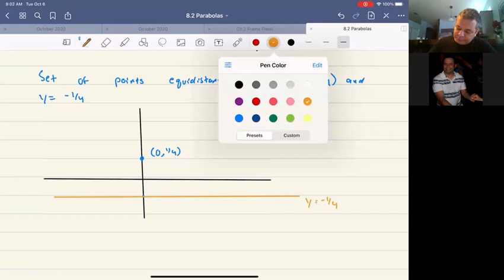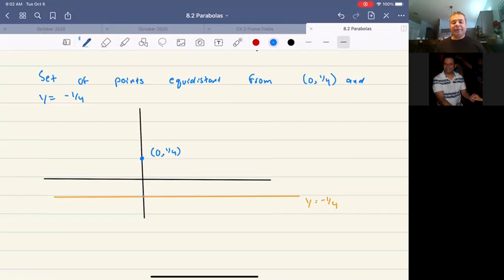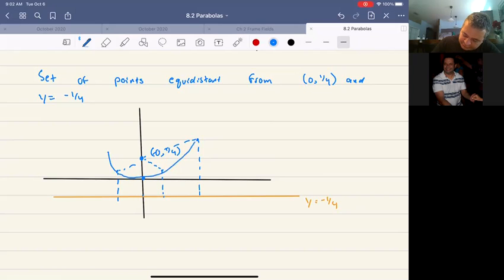Definitely here, this point is the same distance, if I've drawn that well, which maybe I haven't, but that's okay. As we go over here, this distance and this distance are the same. Same here. Let's say we're over here, we have this distance together with this distance. So we end up with a shape that looks like so.